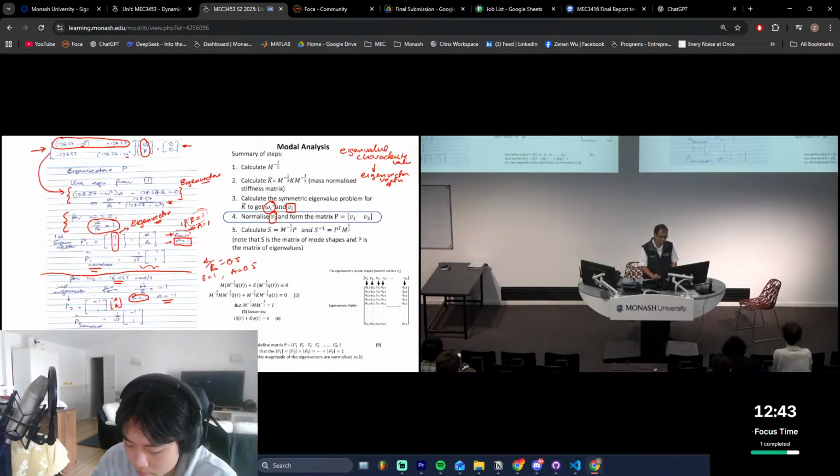Now this here will be the eigenvector for my second eigenvalue.